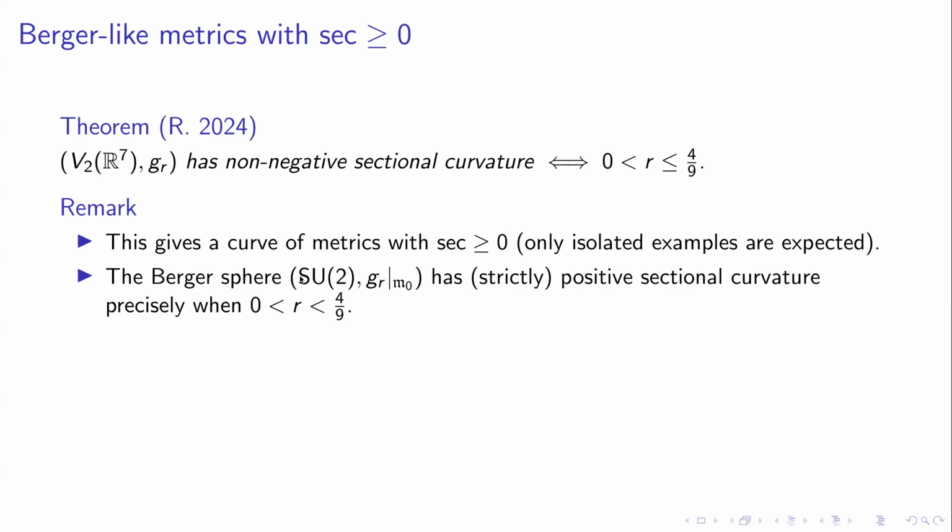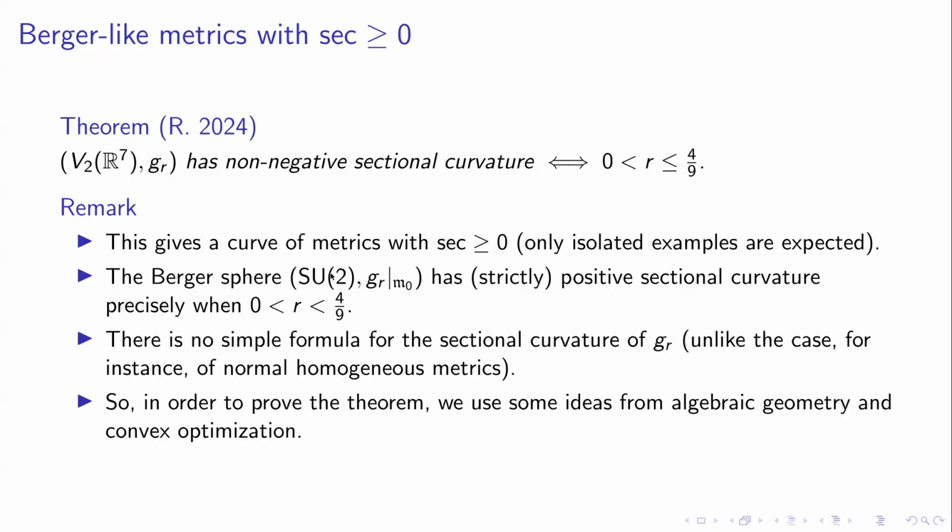Actually, if we realize the Berger spheres by restricting the metric to SO(3) or SU(2), the positive curvature appears precisely in this range.